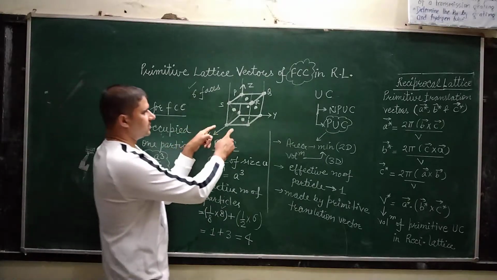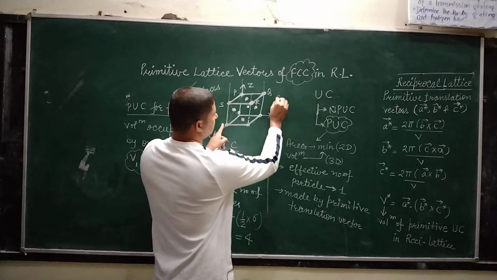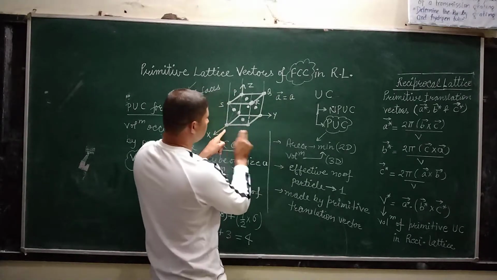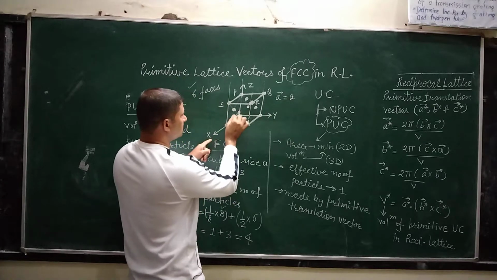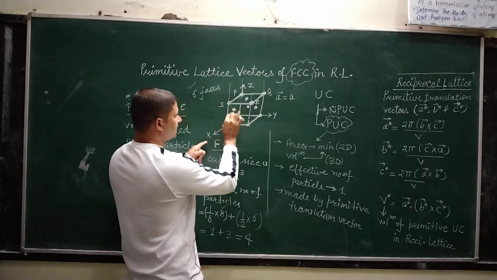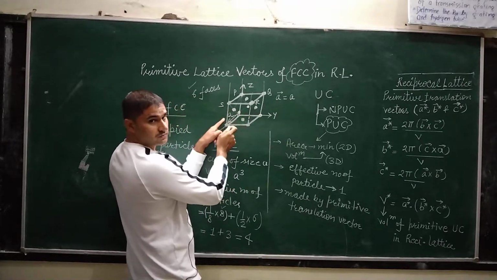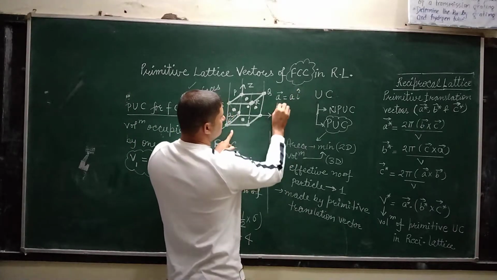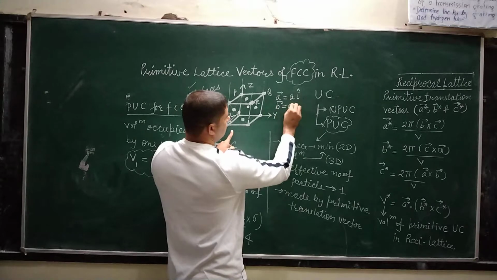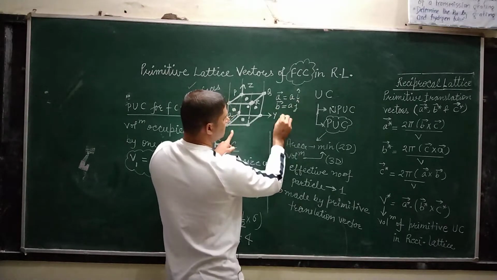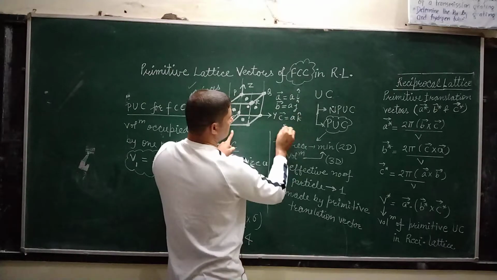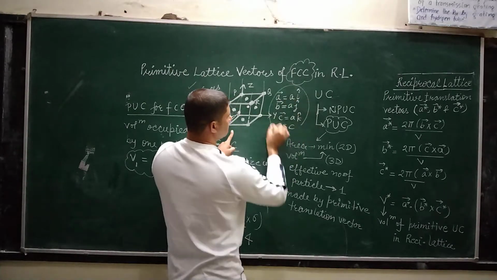So this thing compels us to choose primitive vectors in some different way. If you see, in case of simple cubic, the vector A was the size of the dimension. It is along the x direction and the size of the side is A, so it will be this much. Then A along the j direction, and vector C, this is A along C. So this is in simple cubic, okay.